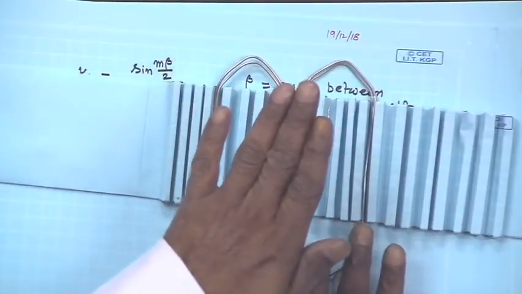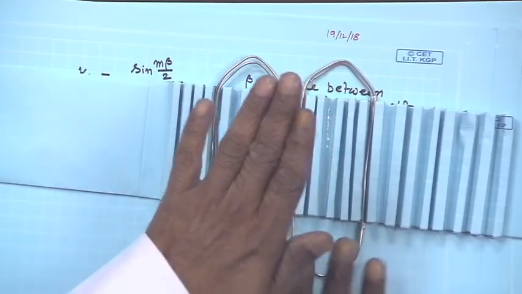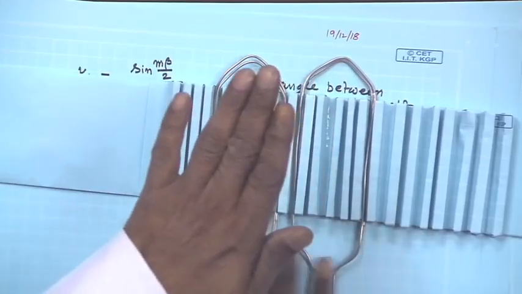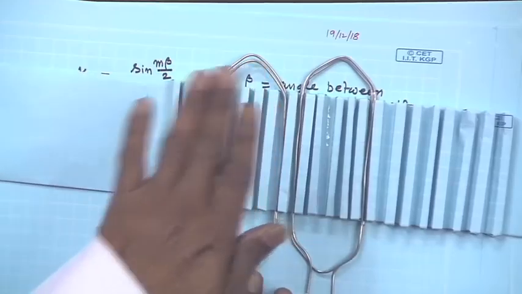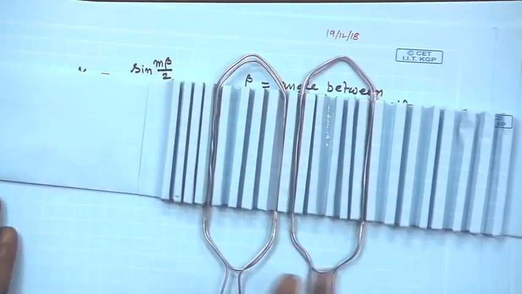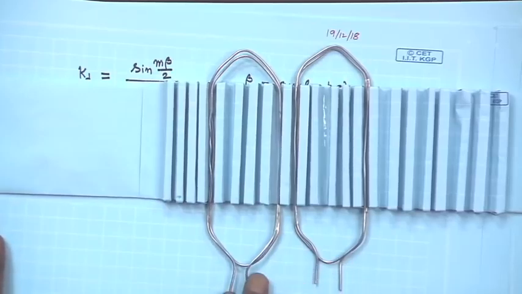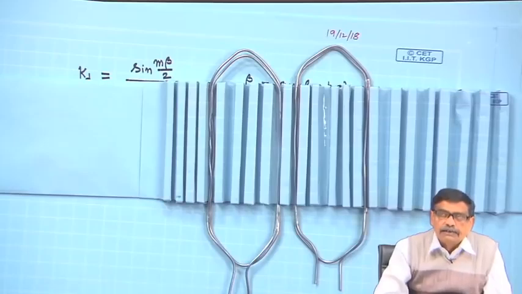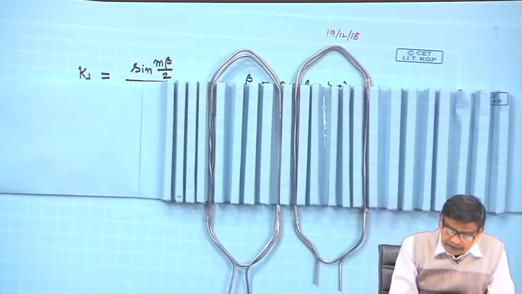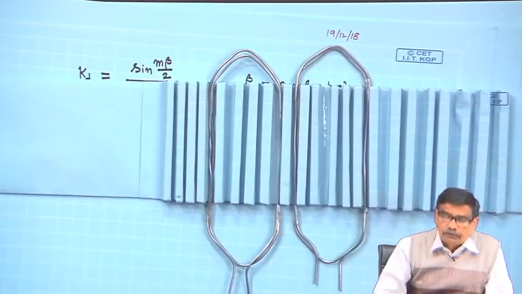Whatever is happening here, the same thing is going to happen after some time delay in this coil. That is why we were telling that the voltages induced in the distributed coils will be phase displaced in time essentially, and the resultant voltage will be the sum of these 2.